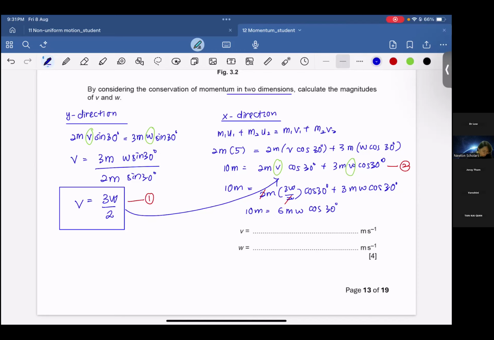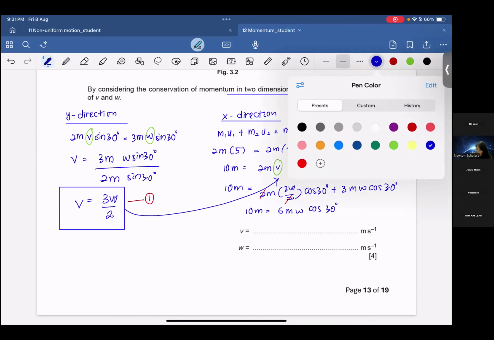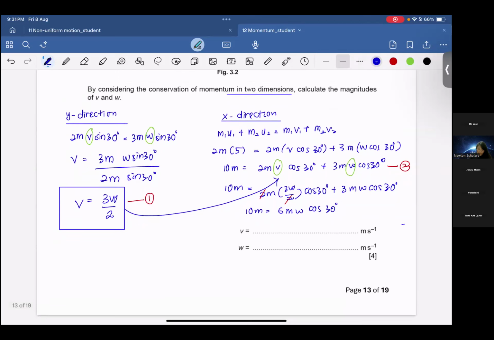Prasan, W, no? Check your working steps. Did you do any wrong substitution?